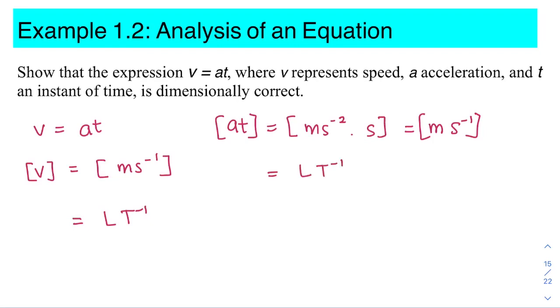If you see here, this one and this one is the same, right? Okay, so we can have a statement that the dimension of the V is the same as the dimension of the AT. This is a conclusion. Or you can put it in terms of a statement.